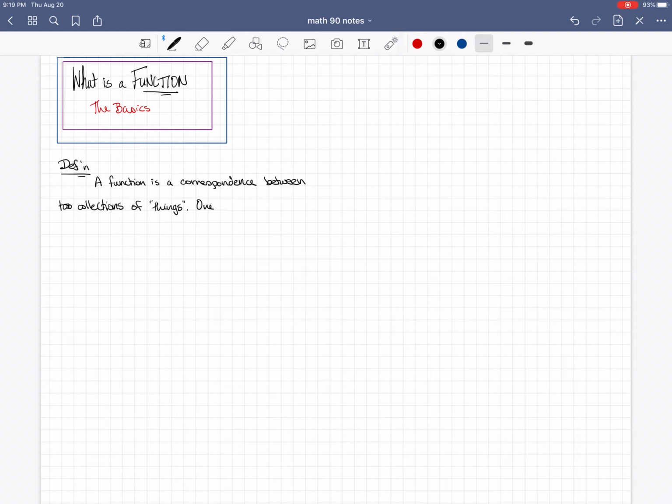One of these is the collection of inputs, and the other, the collection of outputs. So that is the very first moment.